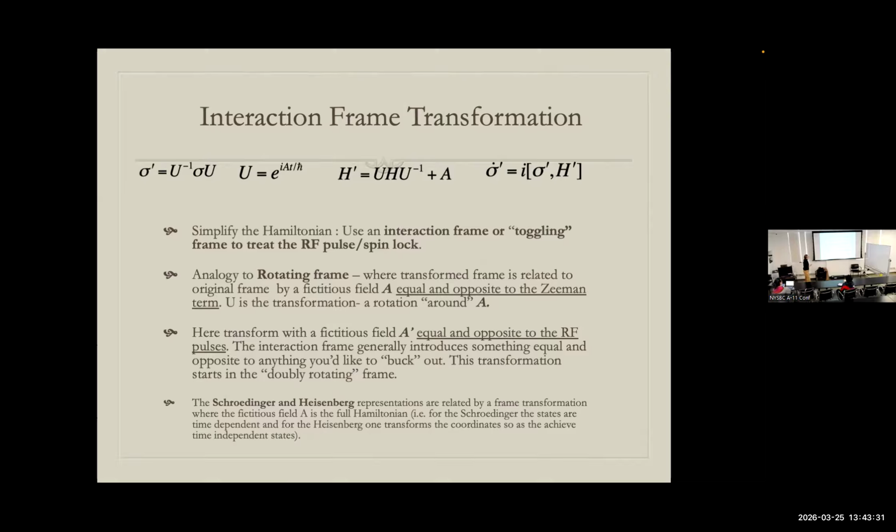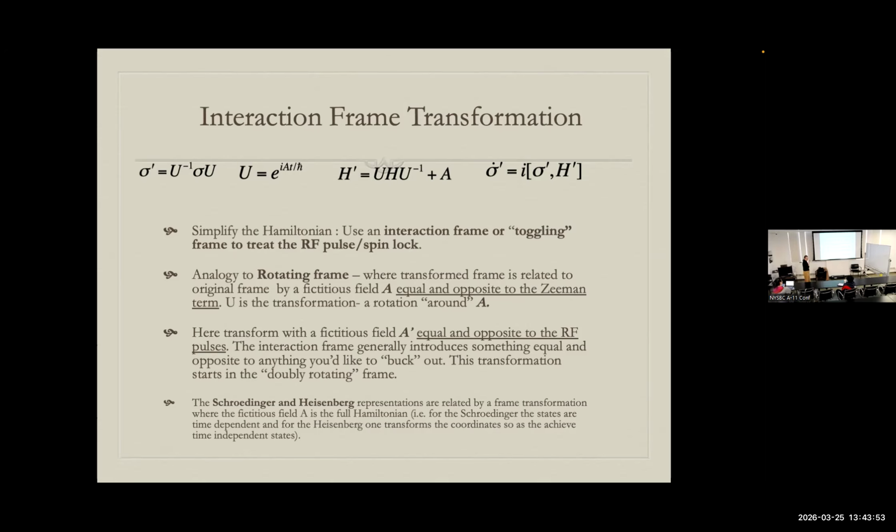The analogy is to the rotating frame. Remember that the transformed frame is related to the original frame, laboratory frame, by a fictitious field A equal and opposite to the Zeeman term. And we use a transformation U, which is a rotation, it is conserving amplitude, but it's non-inertial.